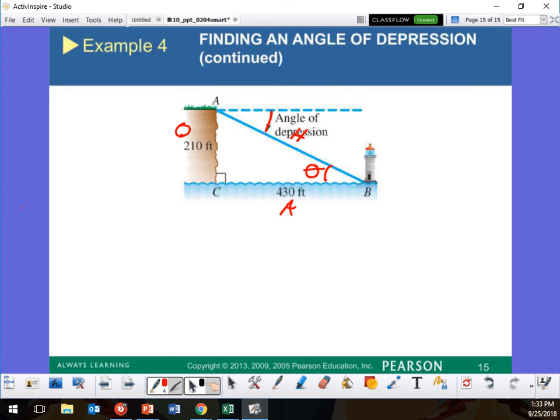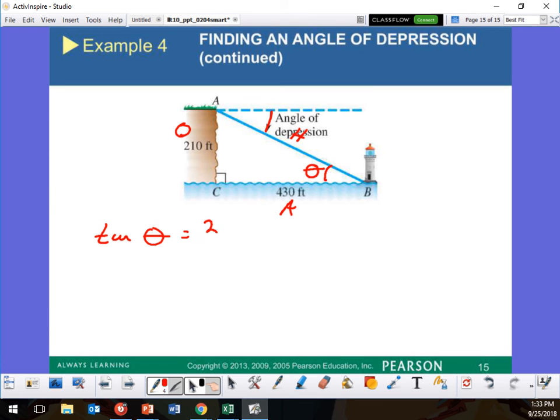Again, what ratio am I going to be working with? The outside ten, right? Because it's going to be opposite and adjacent, isn't it? So I'm going to have tan of what? What is my angle here? Because we're looking for that one, right? And tangent's equal to what over what? Opposite over adjacent.